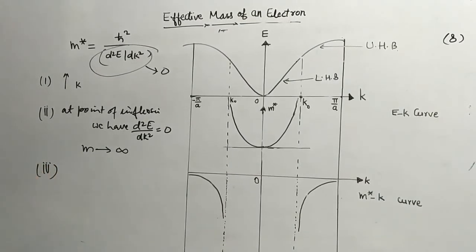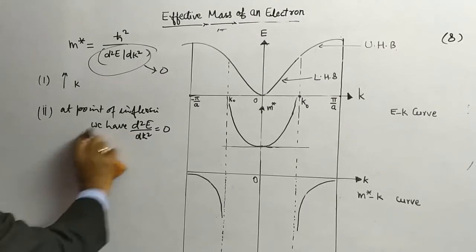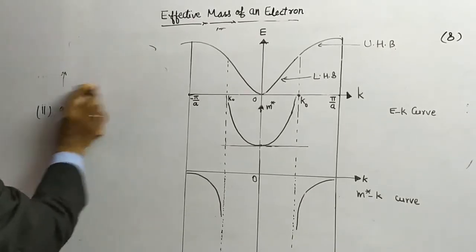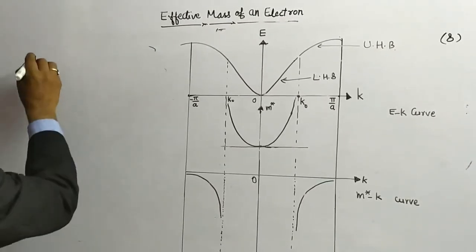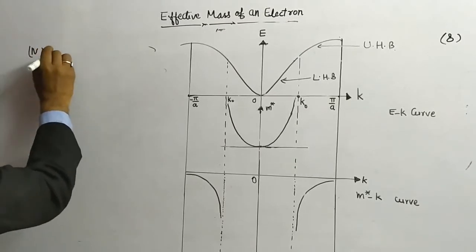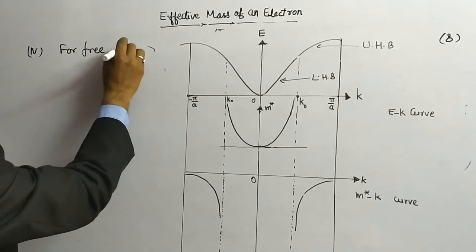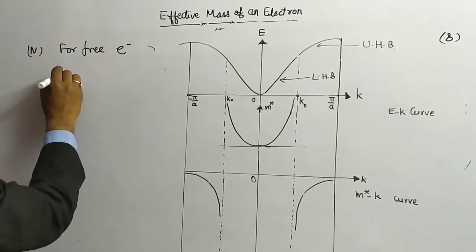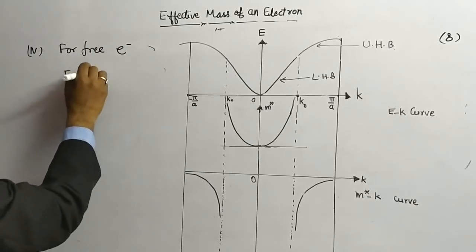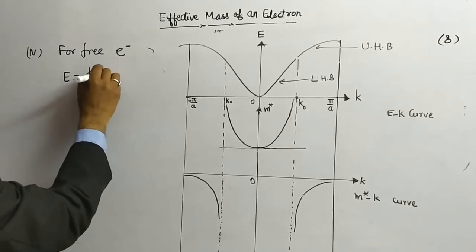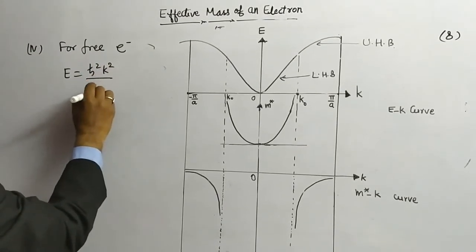Now the fourth point could be, for a free electron, E can be written as h bar square k square upon 2m.